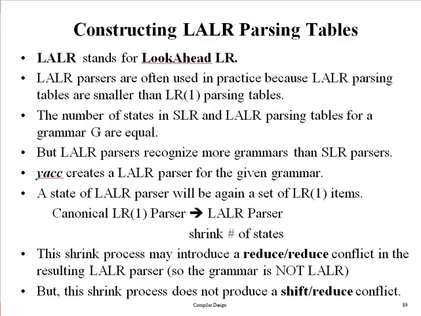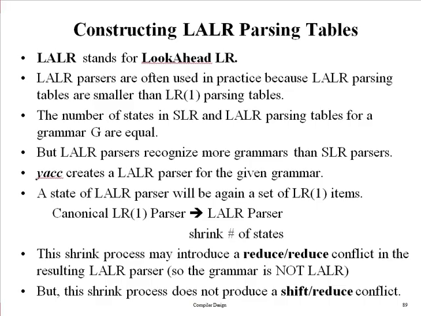So lastly, the type of the LR parsing table, LALR parsing table, is a type of LR parsing table that can be constructed in the same way we construct the CLR parsing table.